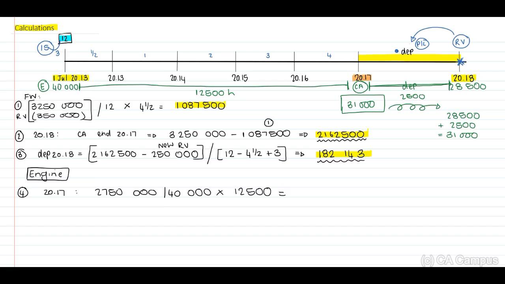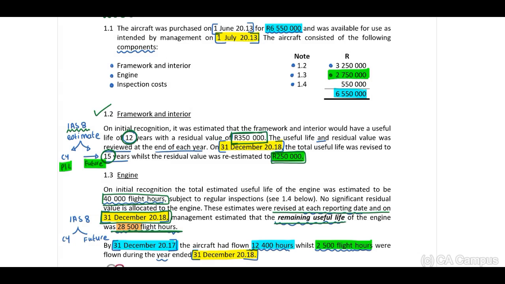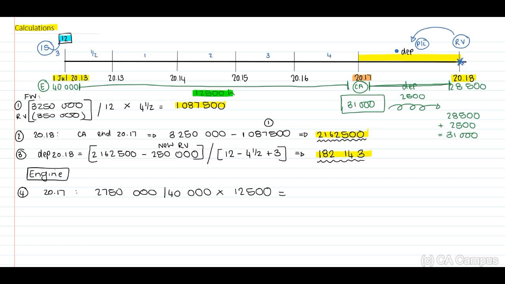Remember, when you look at our timeline, guys, the 12,500 hours flown from 1 July 20.13 until end of 20.17. 12,500 or 400, guys? 12,400. Sorry, guys, this should be 12,400. You look at my calculation, 12,400. And this will be 852,500.